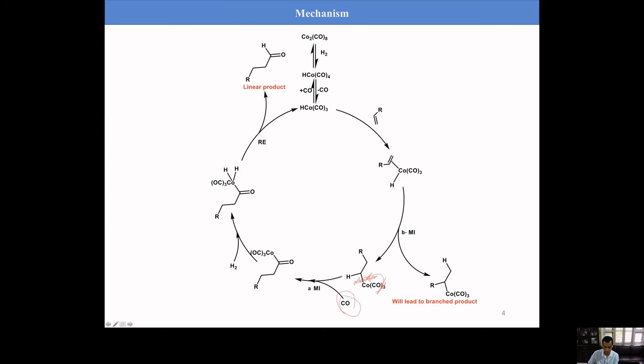Of course, CO from outside can join in. So the cobalt tricarbonyl, Co(CO)3, remains the same, right? And this alkyl group, which was over here, is now having an alpha migratory insertion from CO. Okay, then an oxidative addition into this.